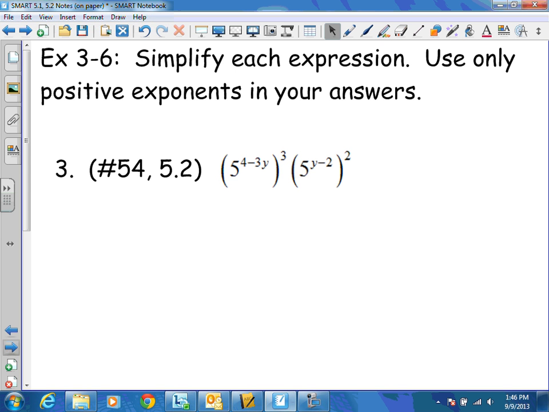They're multiplied against each other. What do you guys want to do first? Distribute is what I heard to do first.